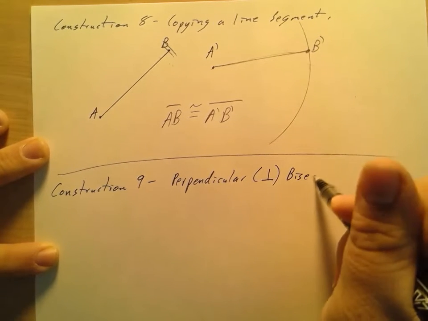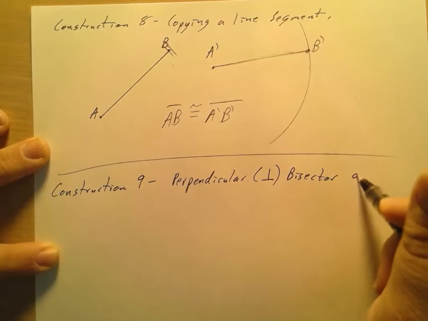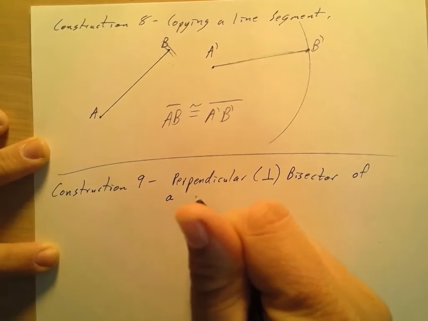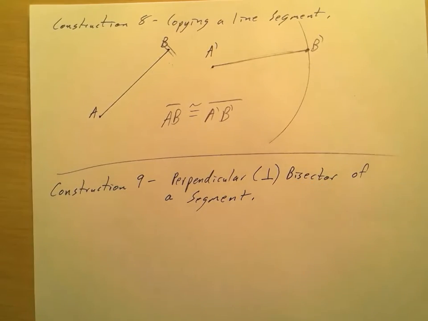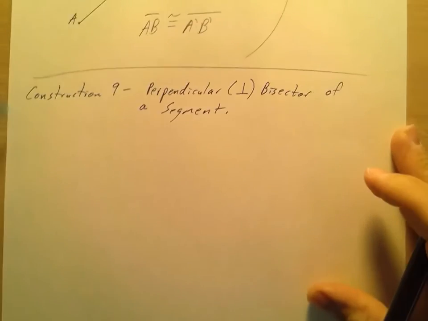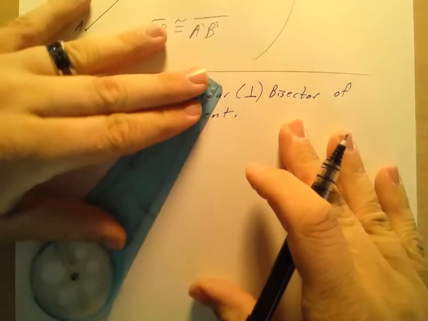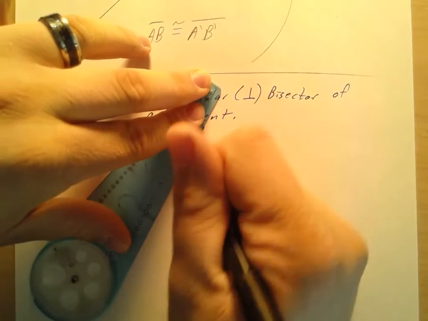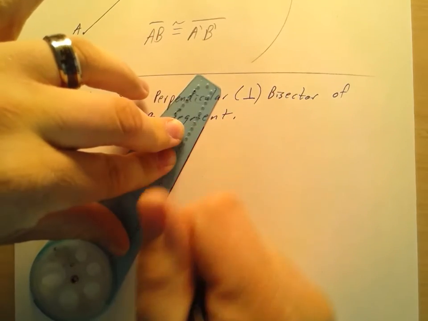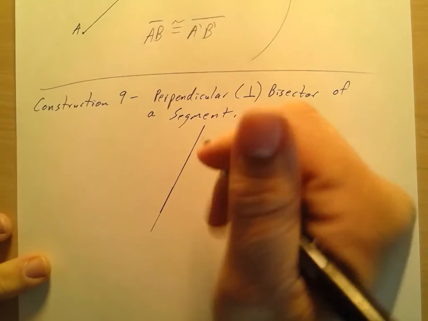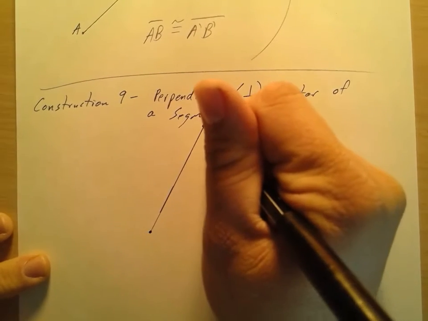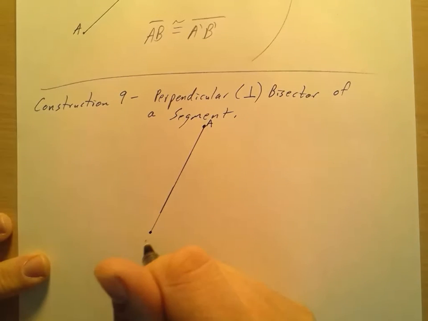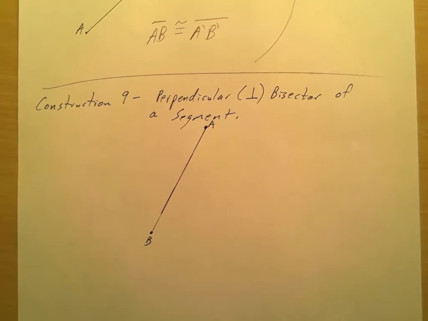Bisector of a segment. So in this case, yet again, you will start out by being given a segment AB. Once again, it can be different letters. It doesn't have to be A and B.